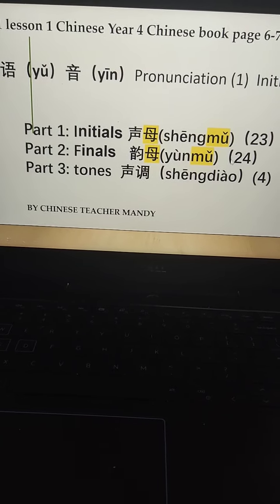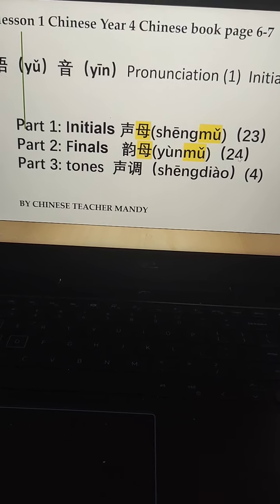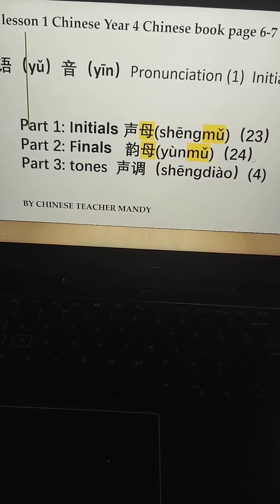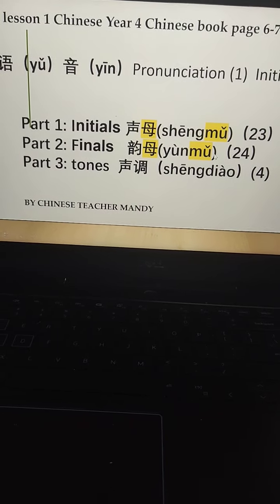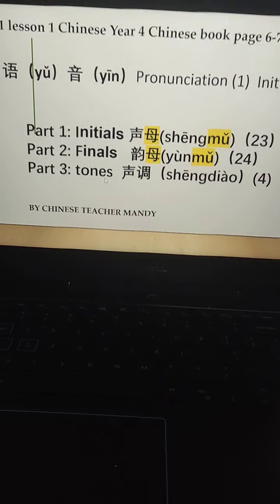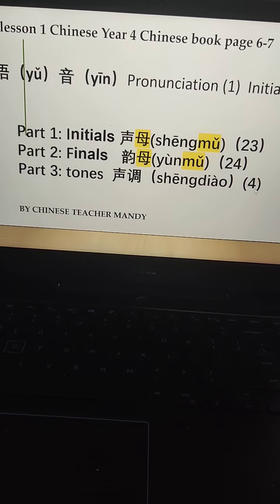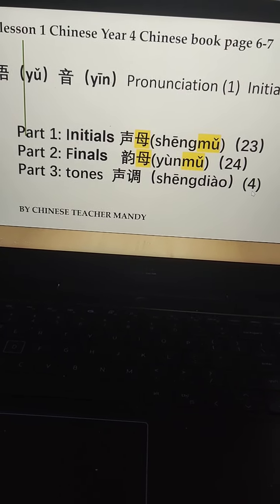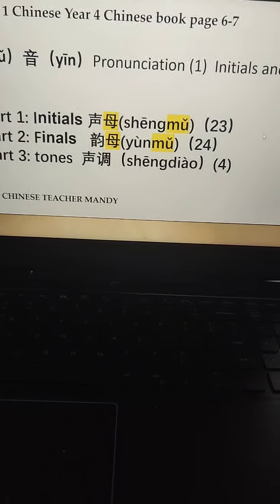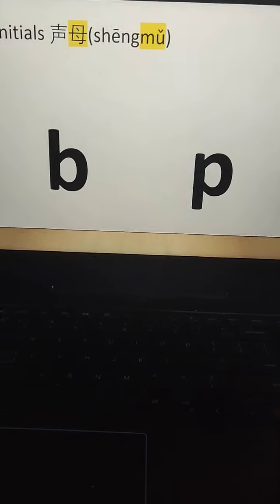In Chinese pinyin Mandarin, it has 24 韵母. And part 3 is tones. Tones in Chinese are called 声调. It has 4 tones. Now let's get started.